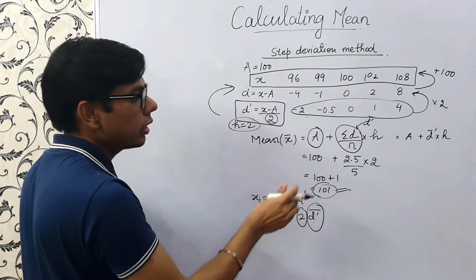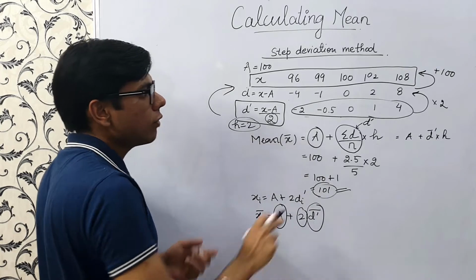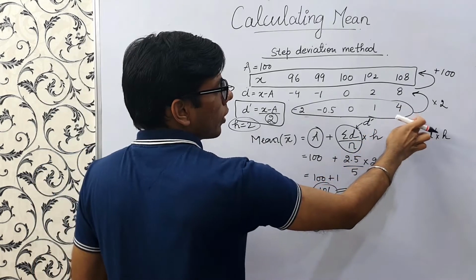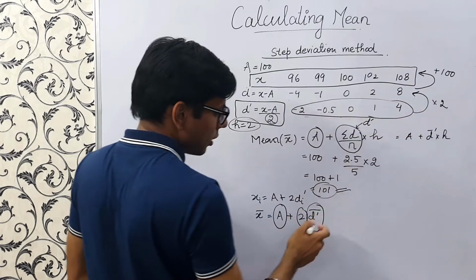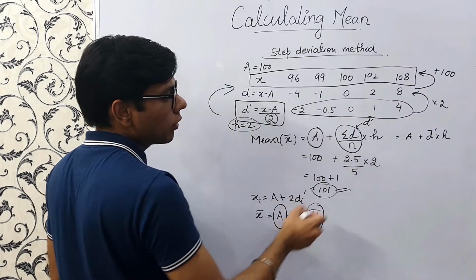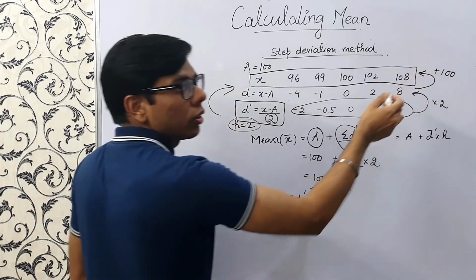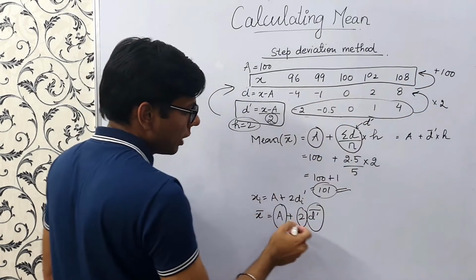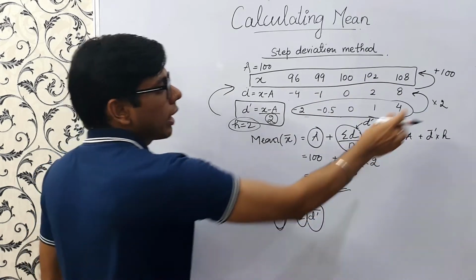So finally, this is the step deviation method. Remember two properties. If any constant is multiplied or divided to the observations, then the mean is multiplied or divided by the same constant, and if any constant is added to the observations, then the mean is also increased by that constant.